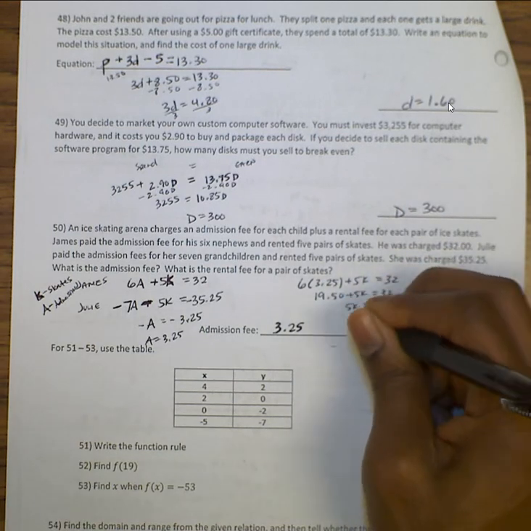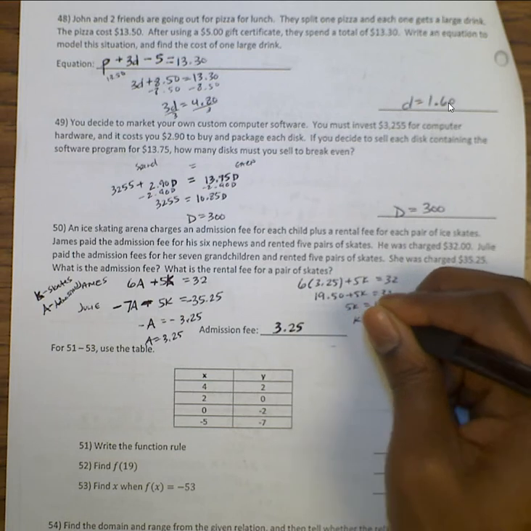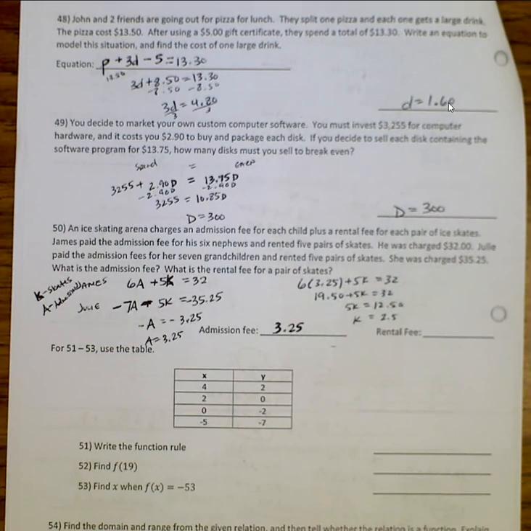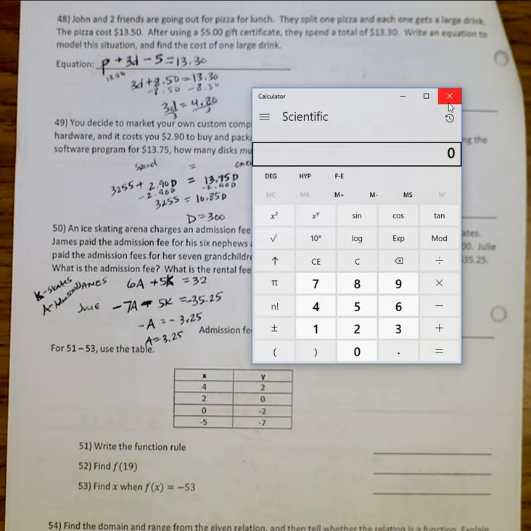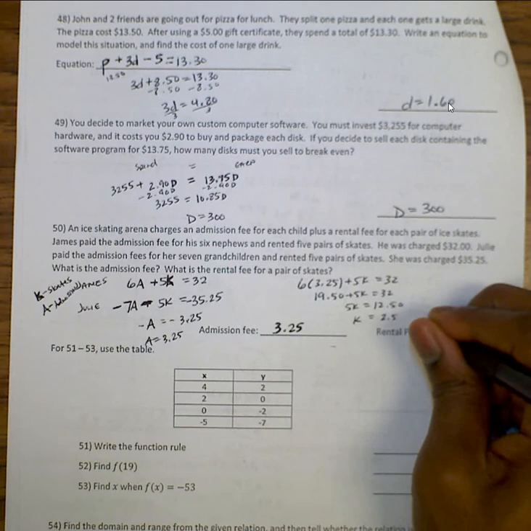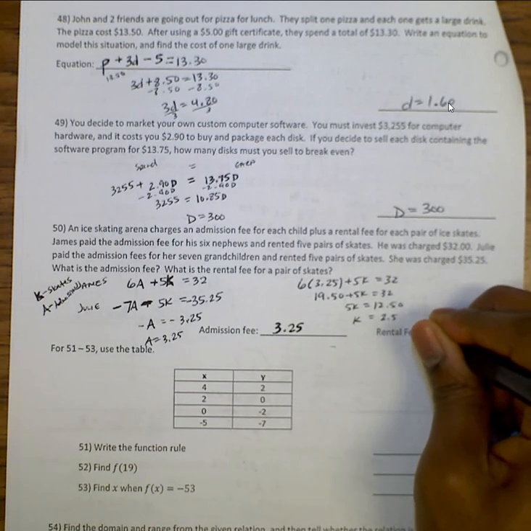Divide that by 5. $2.50. Make sure. So, skates cost $2.50 to rent.